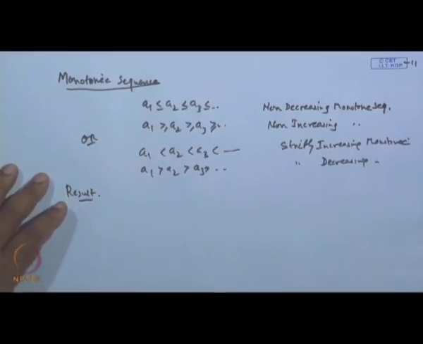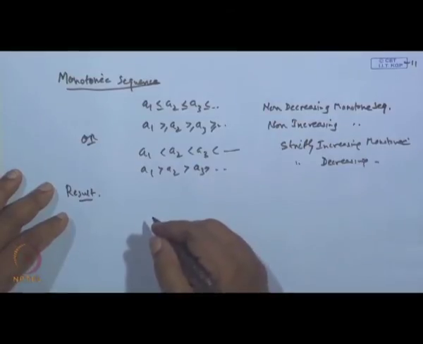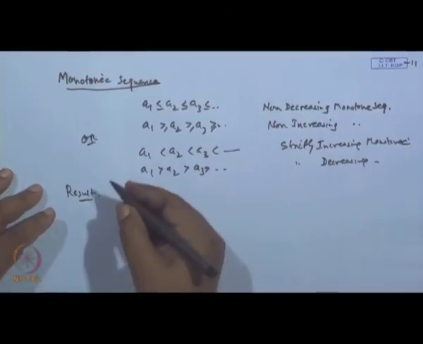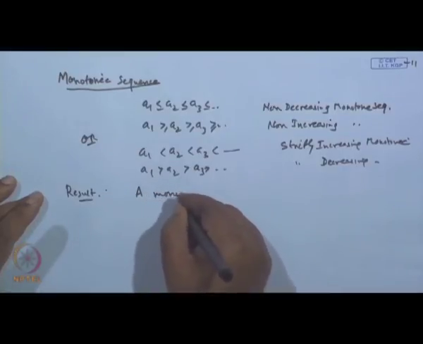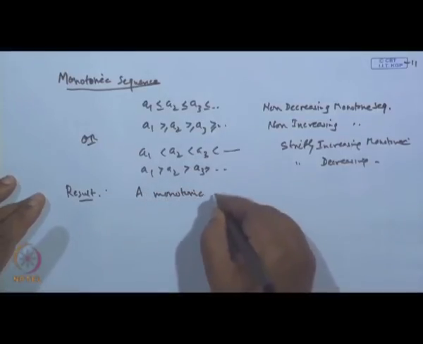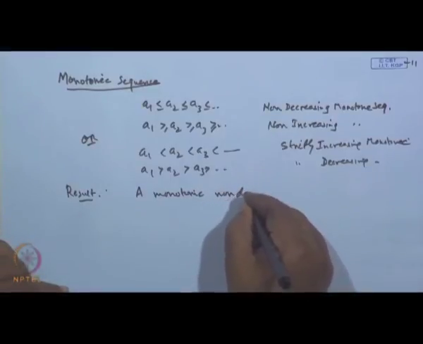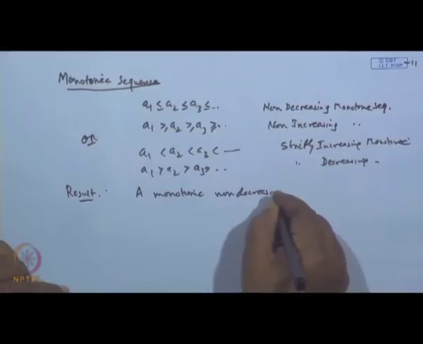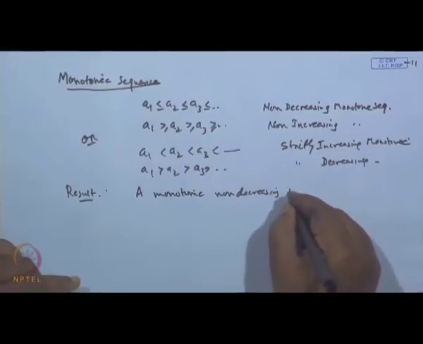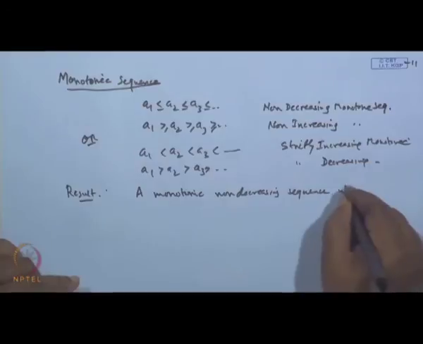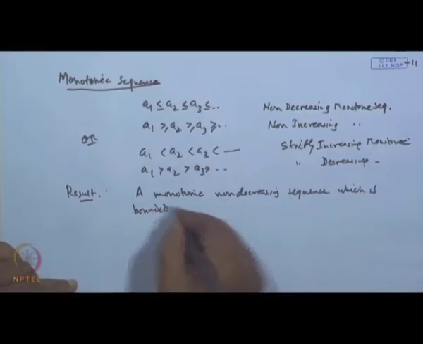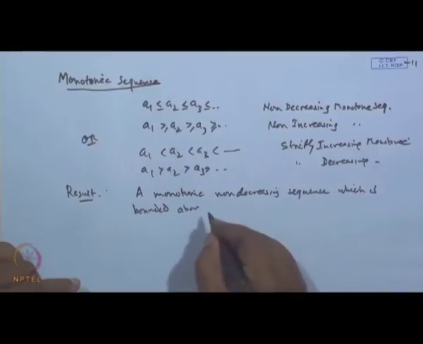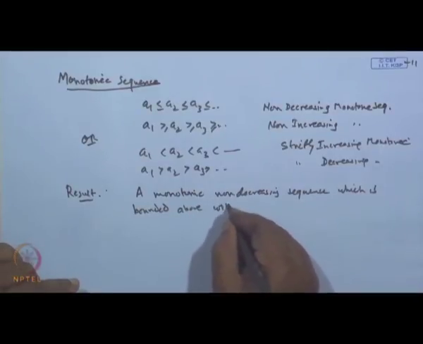So, the result is: a monotonic non decreasing sequence which is bounded above will be convergent.